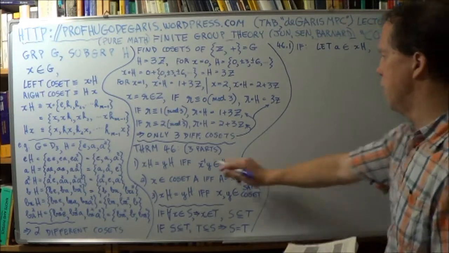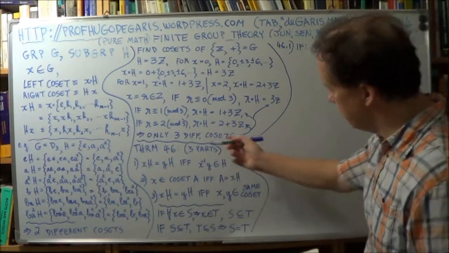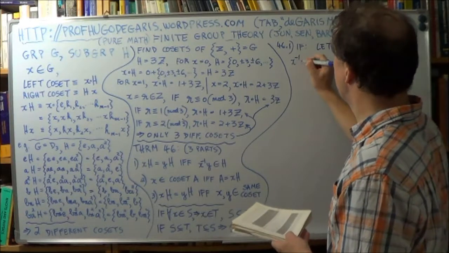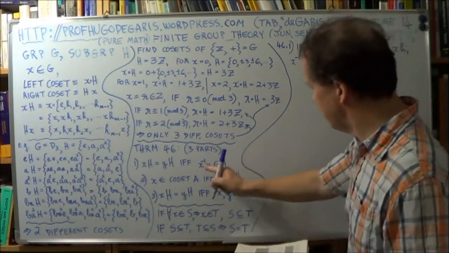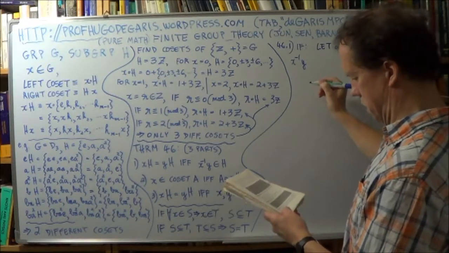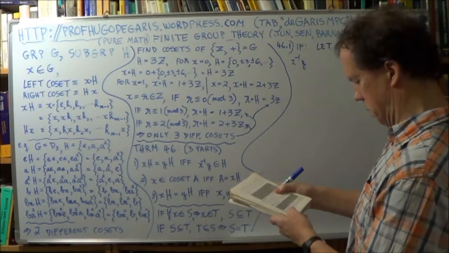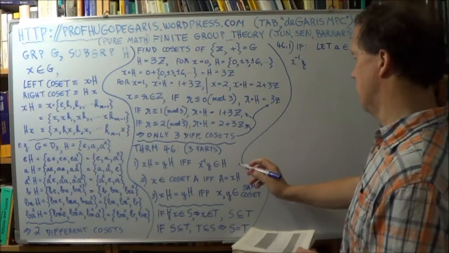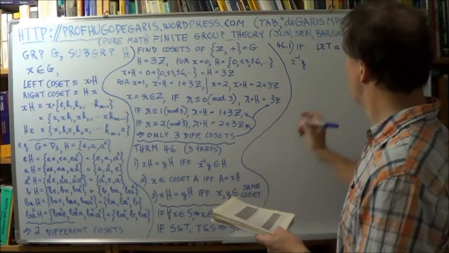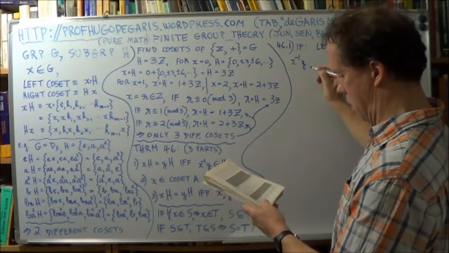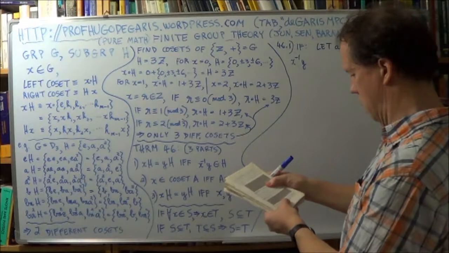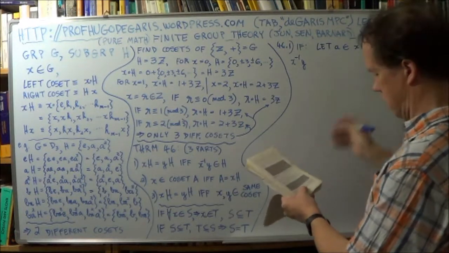Now we know this. We're given that. We start with the right-hand side and prove. Now x inverse y, so we've got that.